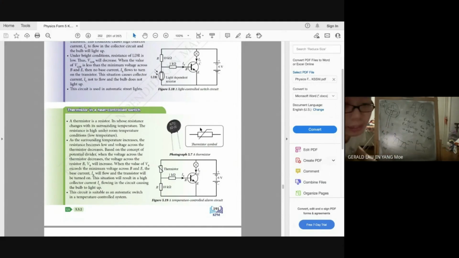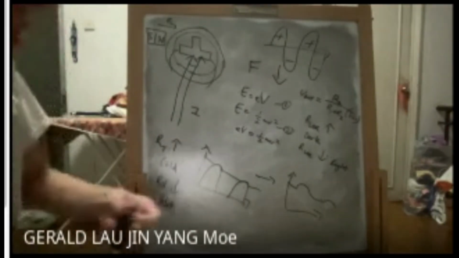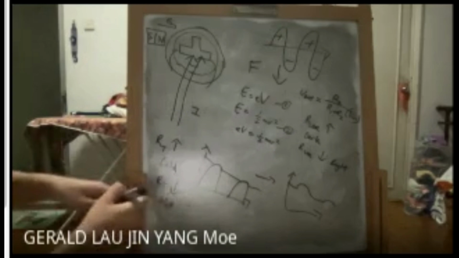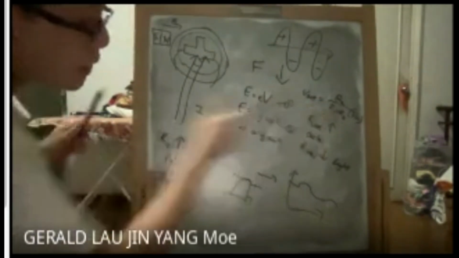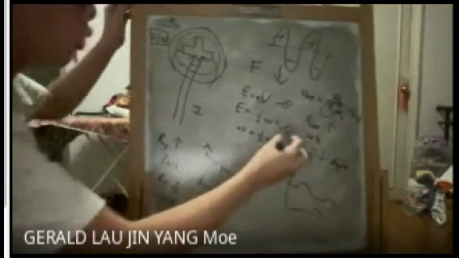Okay, so you see, as the surrounding temperature increases, you become hot. Resistance becomes low. When it's hot, resistance is low. Resistance is low, voltage across the thermistor decreases. Based on the concept of the potential divider, when the voltage across the thermistor decreases, you see, the other voltage increases. Because this time, your thermistor is not R2. It's down here. It's R1.